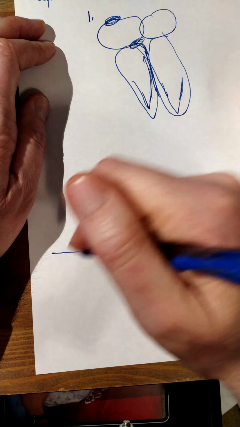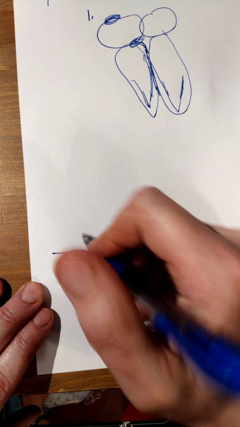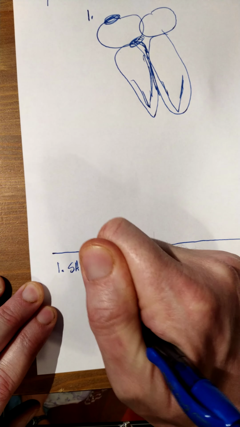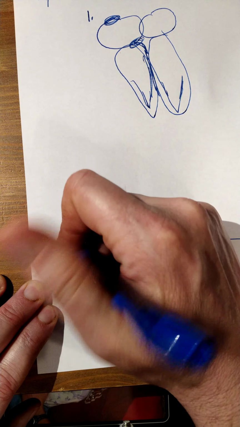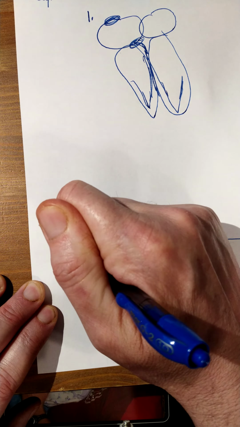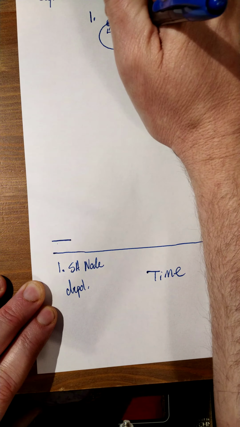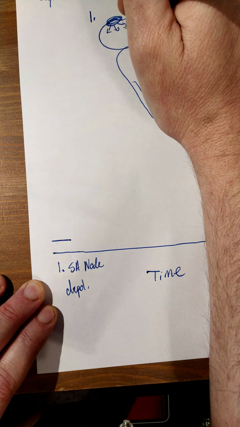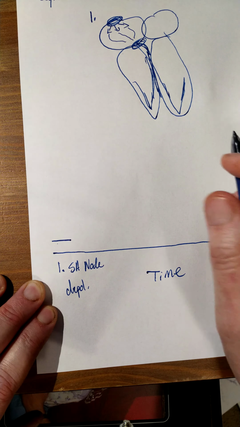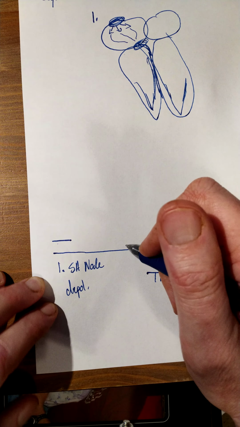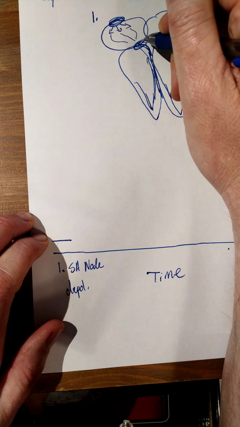The SA node depolarizes, begins to depolarize. Right there. And we're going to look at that as just like that. It's starting to transmit the electrical activity down the internodal fibers there, which is then going to encounter our AV node.